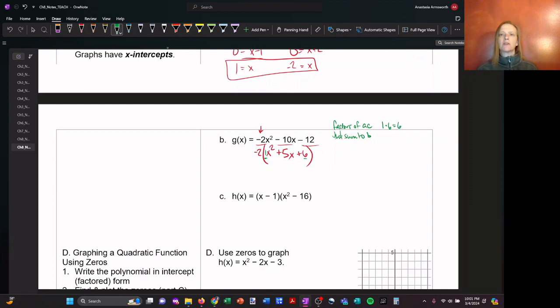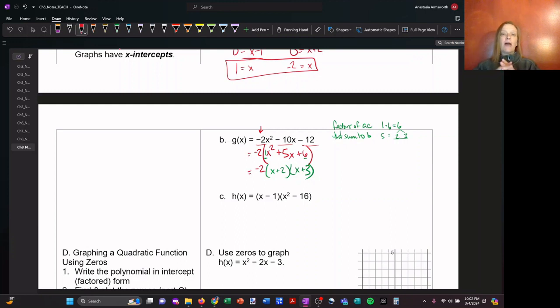And I want those factors to add up to 5. So what are some factors of 6 that add up to 5? 1 and 6 add up to 7, but 2 and 3 add up to 5. So those are the factors I wish to use, and I end up with x plus 2 times x plus 3 as my factors, but I also need to remember to have that negative 2 out front.